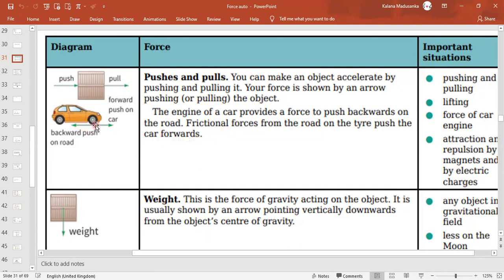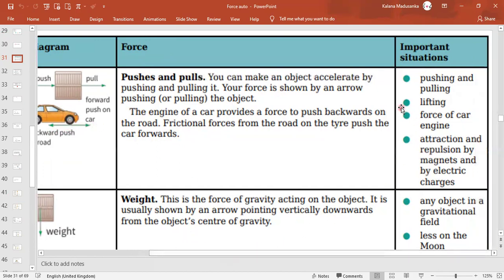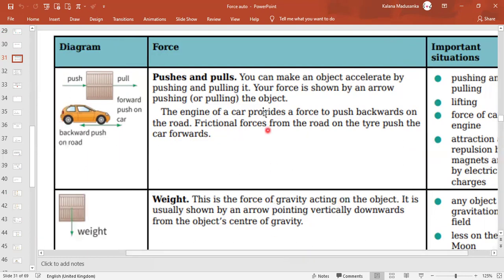Friction will pull the car, and from the engine to the tire rotation will push the car away, right? That's a simple example. You can see the same scenario in lifting, and the attraction and repulsion by magnets and electrical charges.